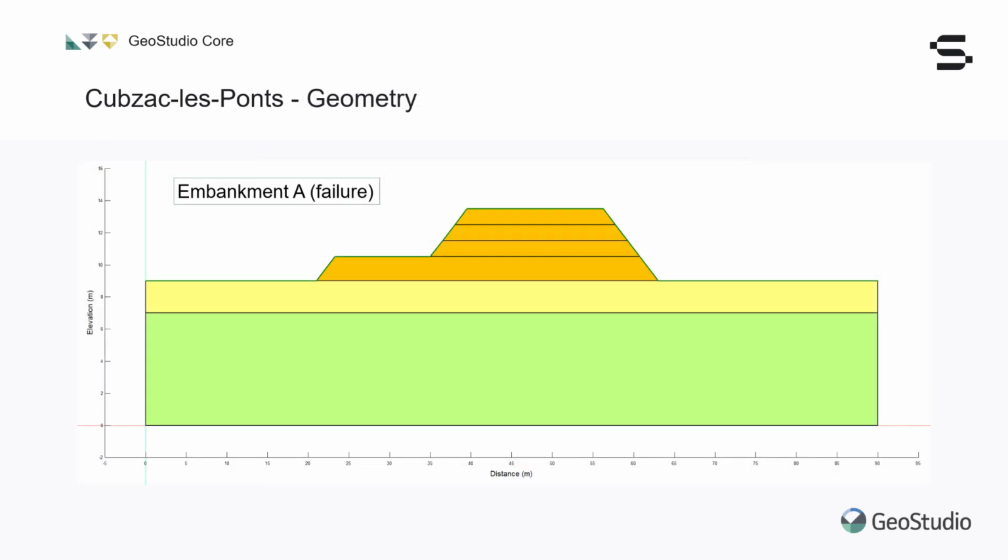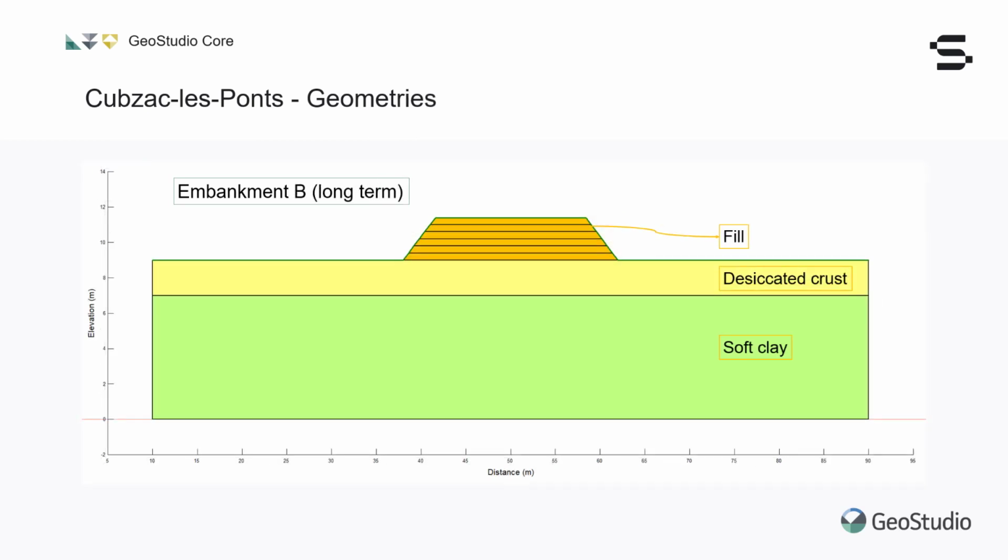Here is a cross-section of embankment A, where we can see the 4 lifts of fill in orange, built on top of a 2-meter thick desiccated crust in yellow, and the rest of the soil deposit is a soft clay material in green. Similarly, here is embankment B's geometry, where we can see a smaller total height for the embankment, as well as the small lifts used.